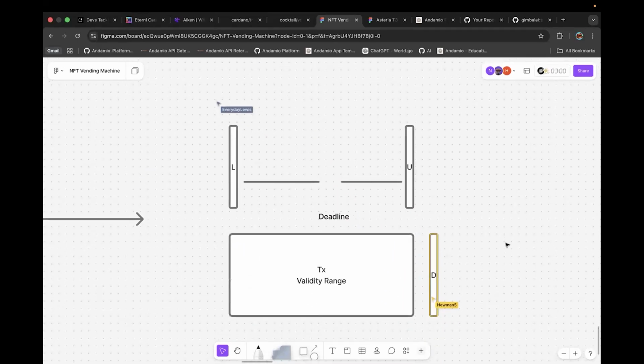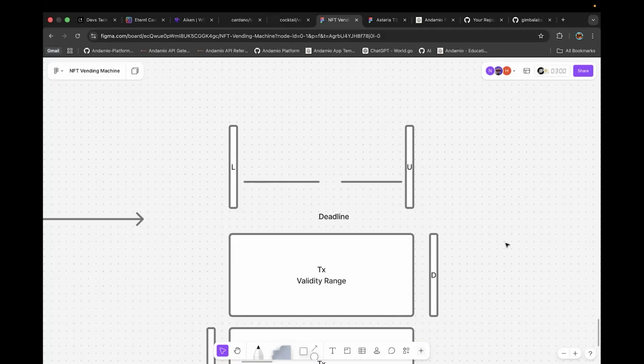So these are use cases, right? The deadline could be after our validity range, or let's just make another one because we can. I don't know how many use cases there are, but the deadline could be here, before our validity range, or it could be here, inside, right?